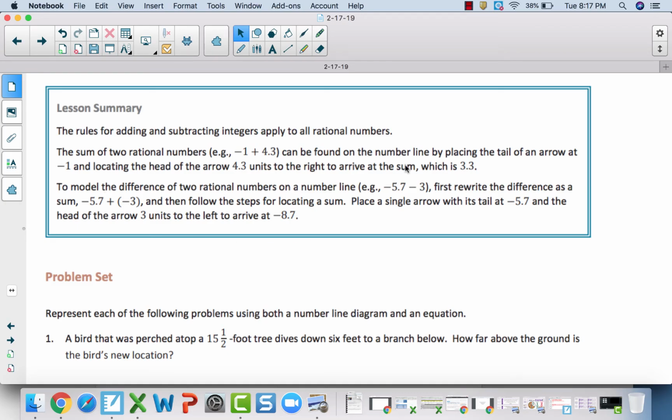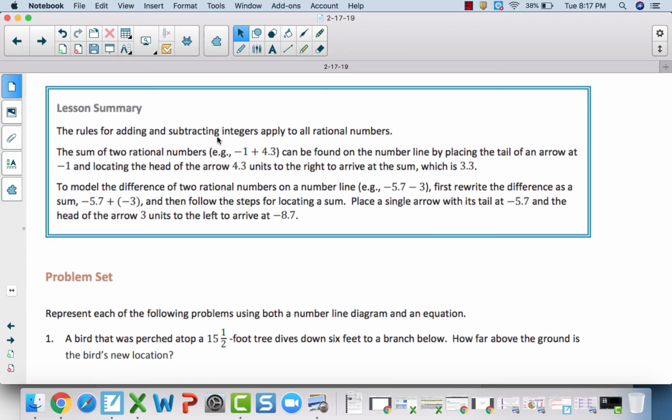Now, make sure you're rewriting subtraction problems as addition problems. The reason being, we have distinct rules that help us solve addition problems, but we don't really have distinct rules to help solve subtraction problems other than first changing it to addition and then using our addition rules.